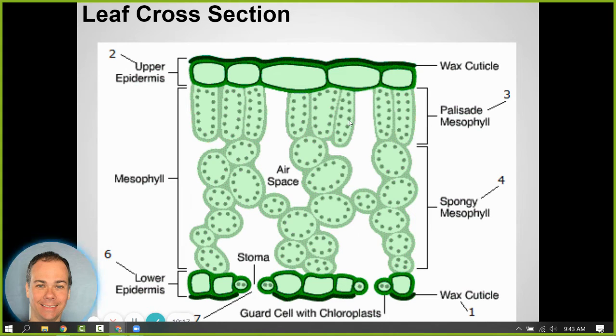If it's a really hot, dry, very sunny day, they might close up because the leaf might dry out in those conditions. If it's a cooler day or less sun or there's plenty of moisture, they might open up, allowing carbon dioxide in, but allowing some water out. So they open and close to help regulate the amount of moisture that can be present inside of the leaves. Those are called the guard cells.